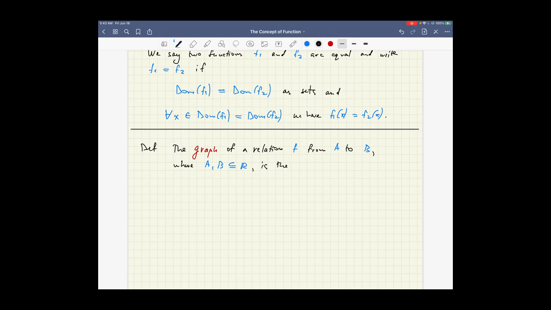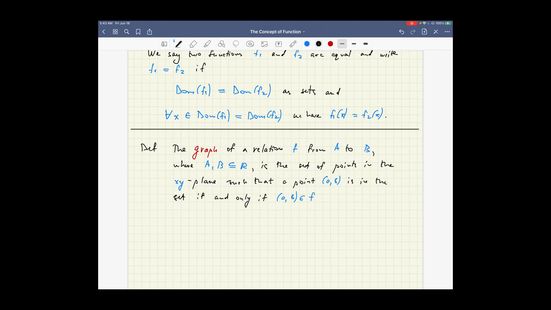It will be the set of all points in the coordinate plane xy, such that a point with coordinates A and B, written in parentheses A comma B, is in the set if and only if the pair AB is in f.